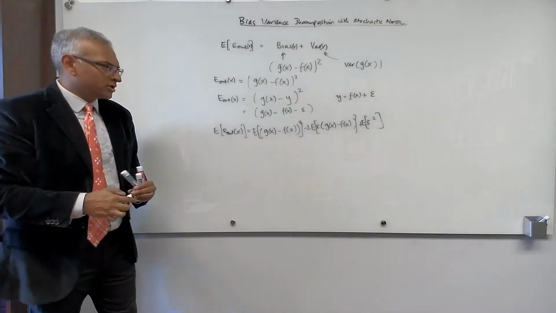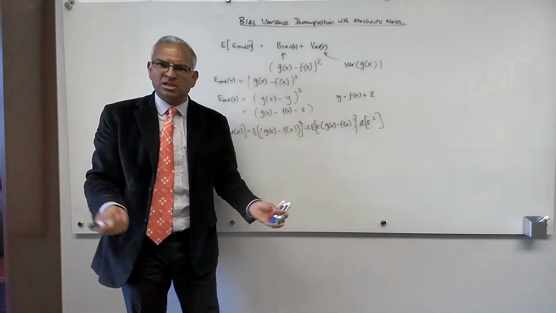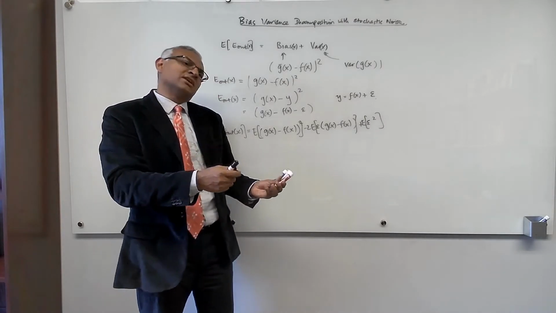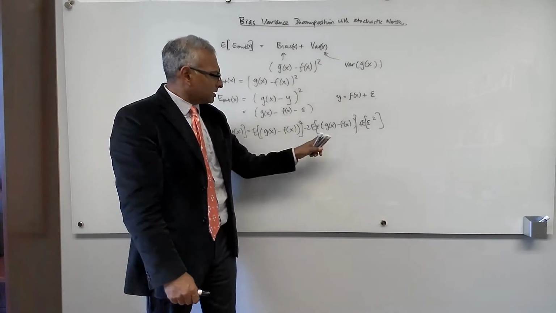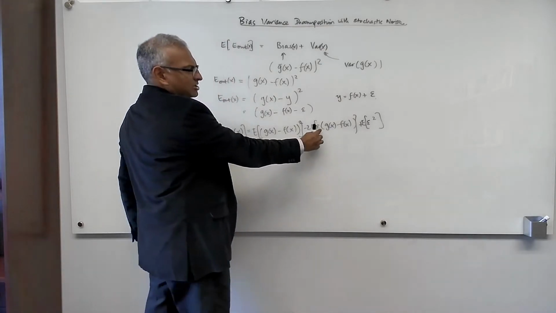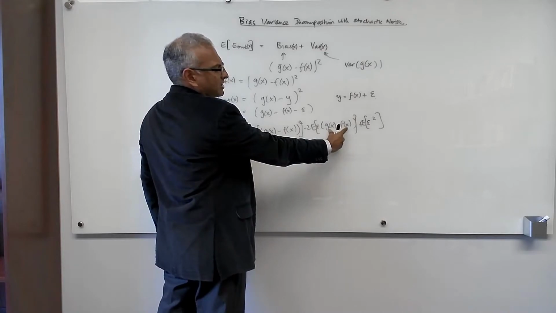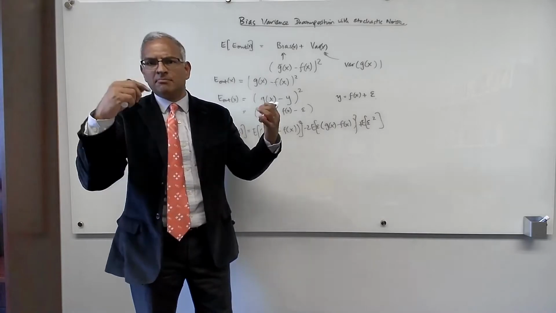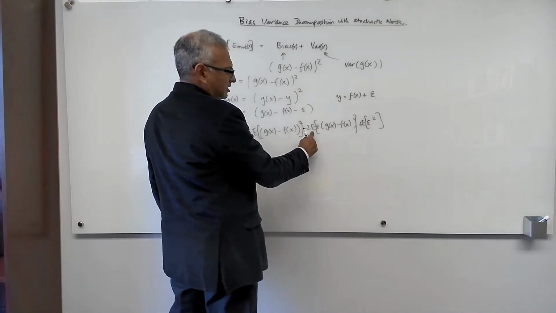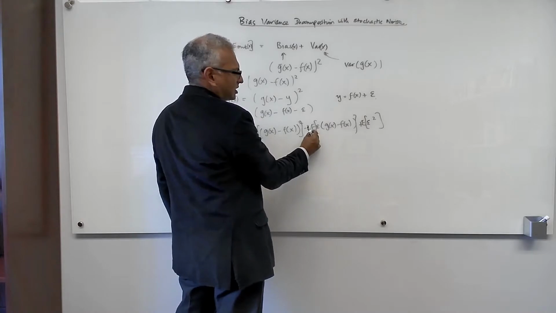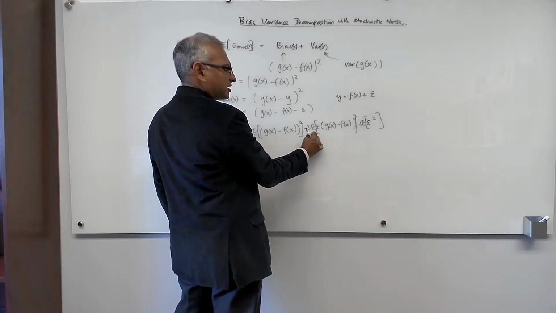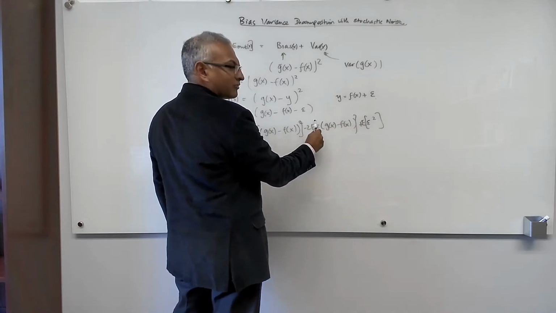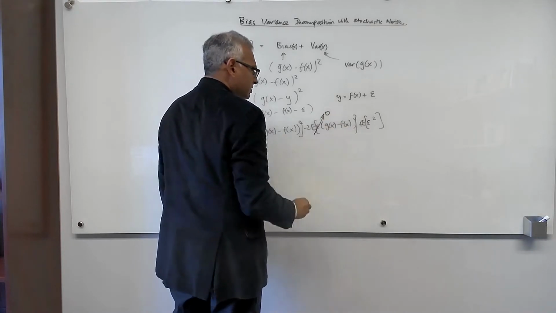Now, if your noise, your measurement error, is zero mean, so it's equally likely to be positive or negative, so you can equally likely make mistakes up or down, and assuming that your measurement errors are independent of F and G and X, then this is the expected value of two independent terms, so you can separate them out. This is the expected value of epsilon times the expected value of G of X minus F of X. The expected value of epsilon is now 0, so this term is 0.